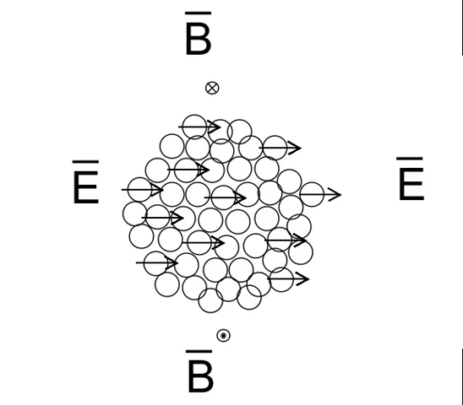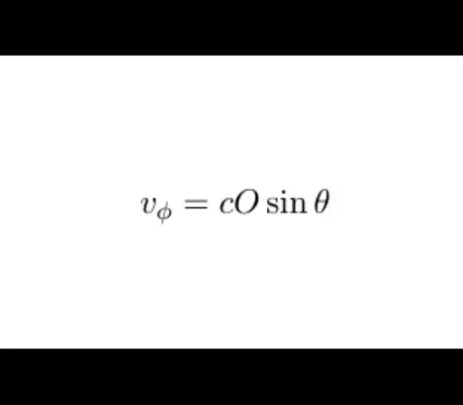So you get this equation here, which says that the speed of rotation must be equal to the light speed times the order times the sine of theta, where theta is relative to the rotational symmetry axis of the photon.